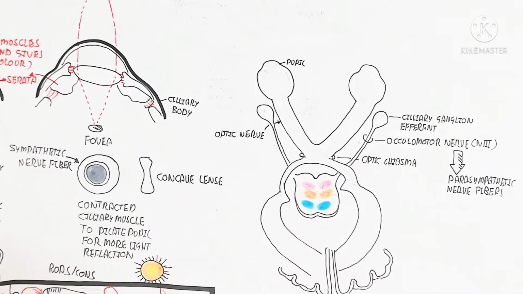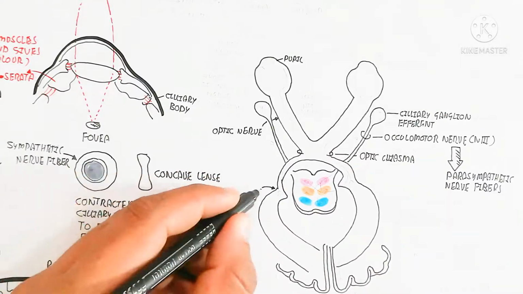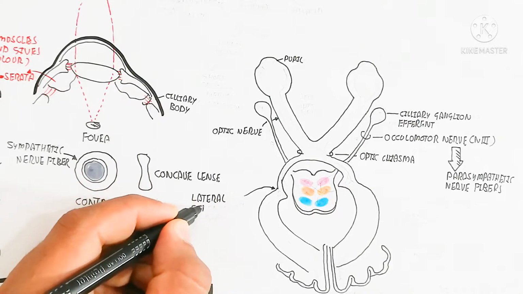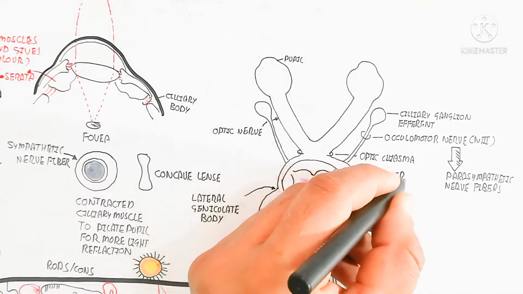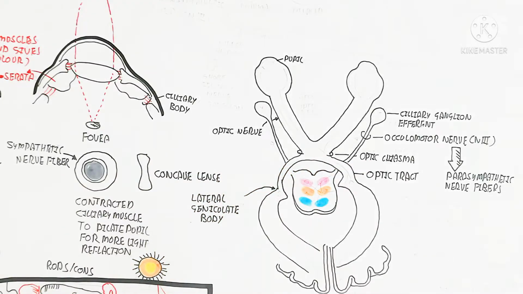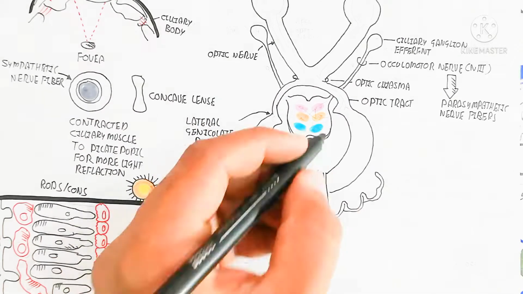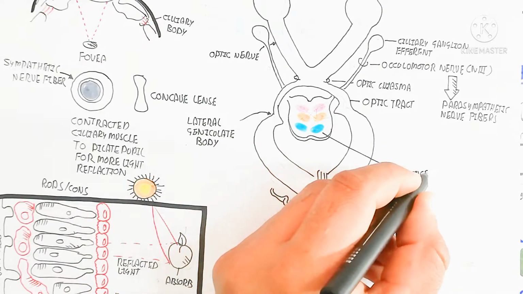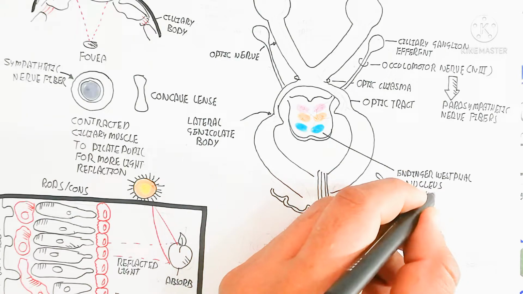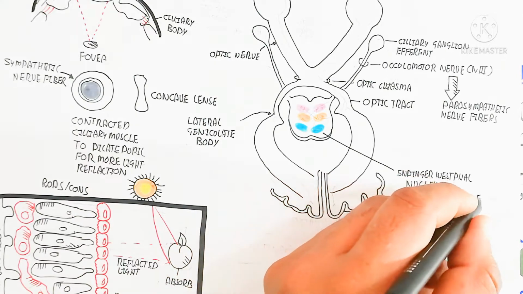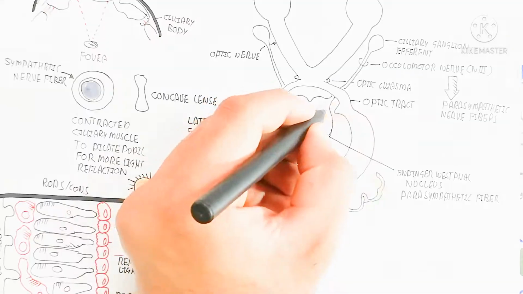This is the optic chiasma, which is interconnected on both sides, and that is why here is the lateral geniculate body, which contains the lateral geniculate nucleus, while here are different nuclei. The Edinger-Westphal nucleus is the blue color for parasympathetic fiber, while the oculomotor nerve nucleus is the sympathetic.